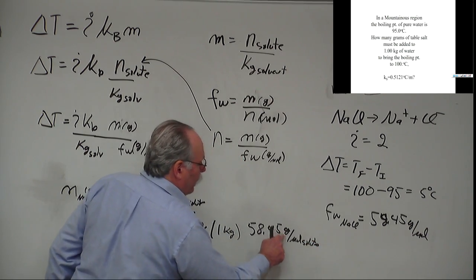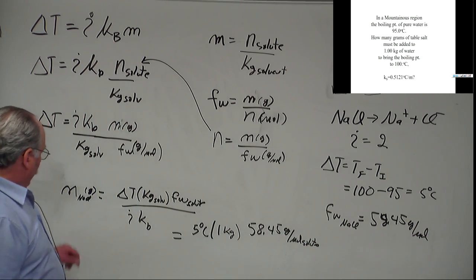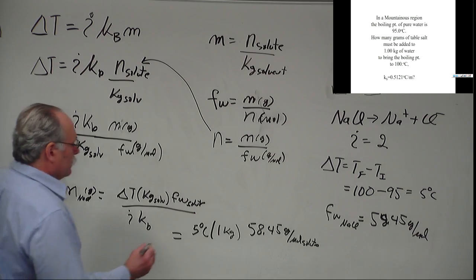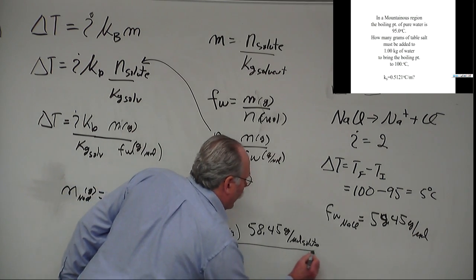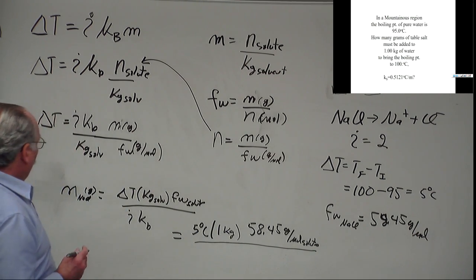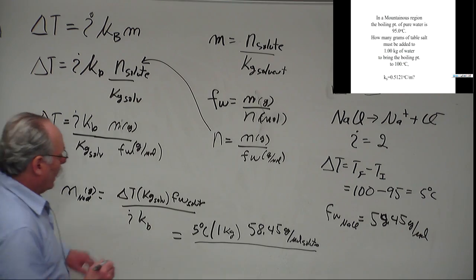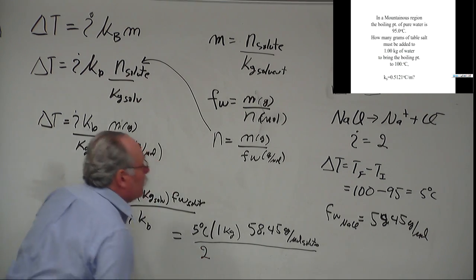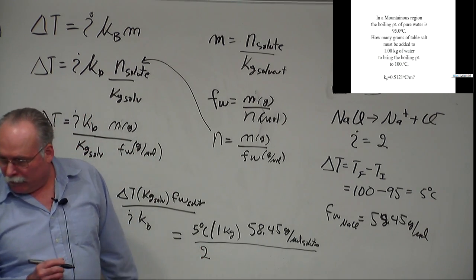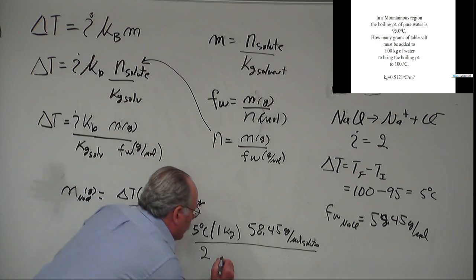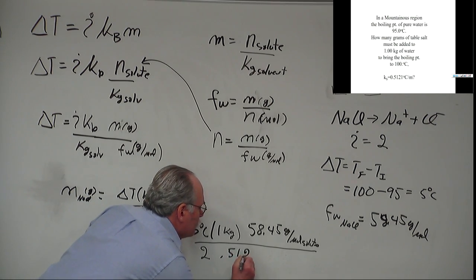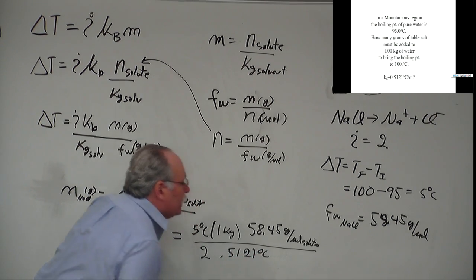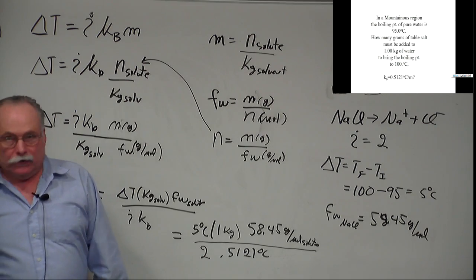And this is what I'm solving for, the grams of the solute, all divided by i, which is 2, and Kb, which is 0.5121 degrees C over molal, okay?